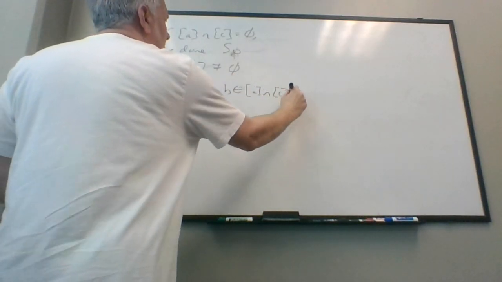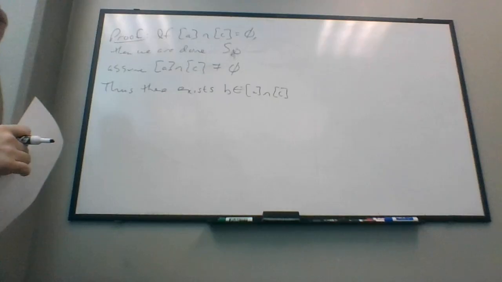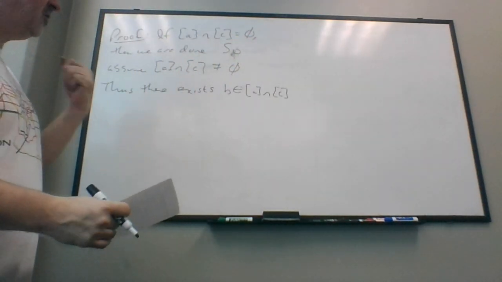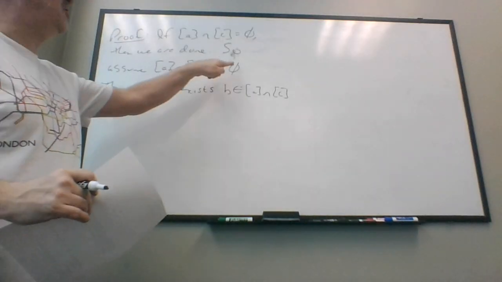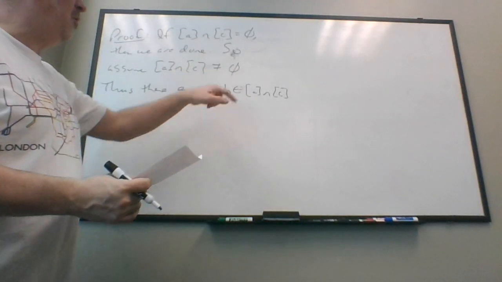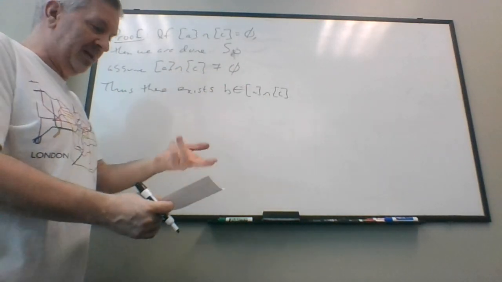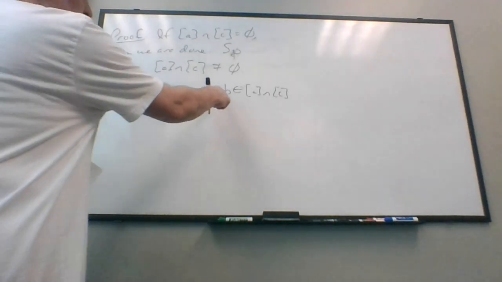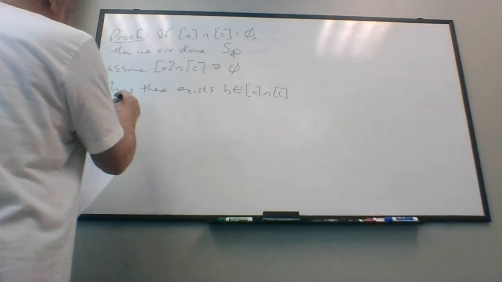So if the intersection of the two congruence classes is empty, there's nothing to show, they're disjoint. So let's assume the intersection's not empty. Now we need to show that the class with A and the class with C are the same class. That would get us identical. Okay, so B is in the class with A and the class with C.